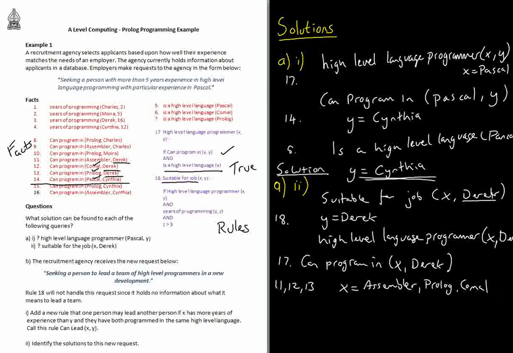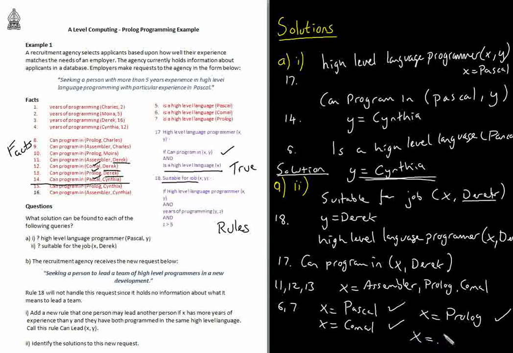Well, if we look at clauses 6 and 7, then we know if X is equal to COML, that's fine, because it's a high-level language. And if X equals Prolog, that's fine, because it's a high-level language.